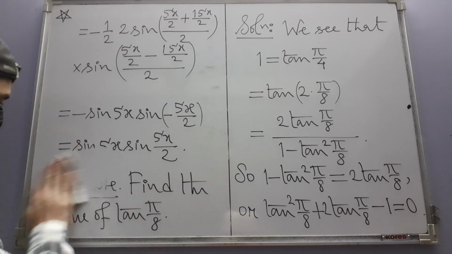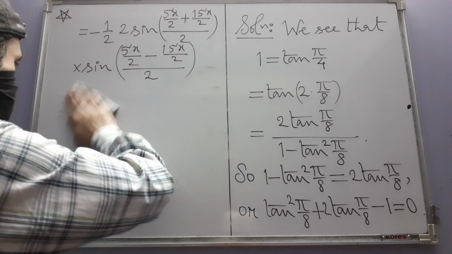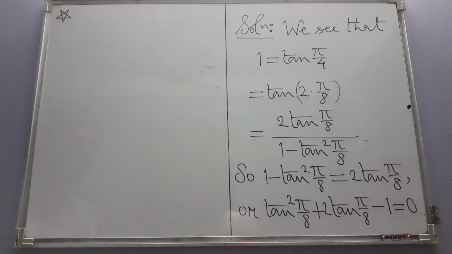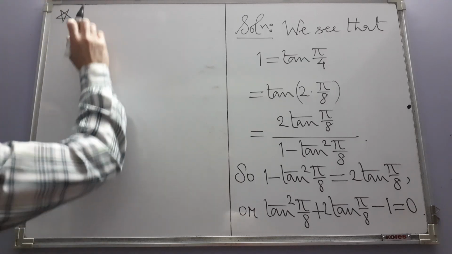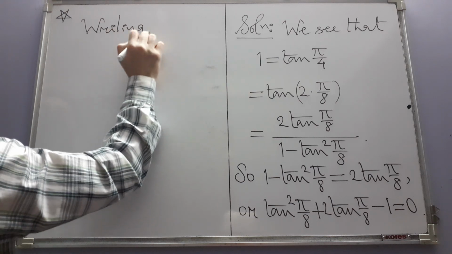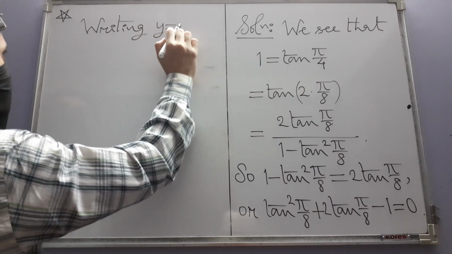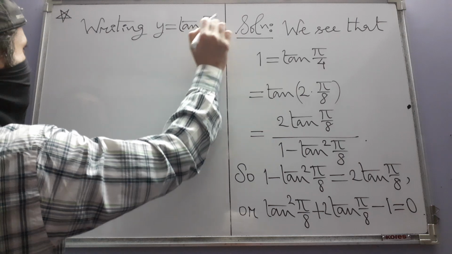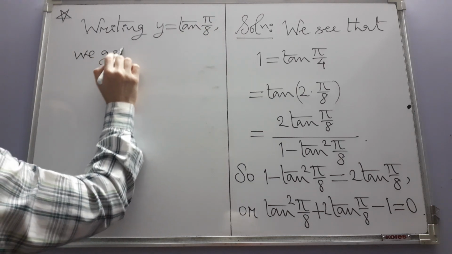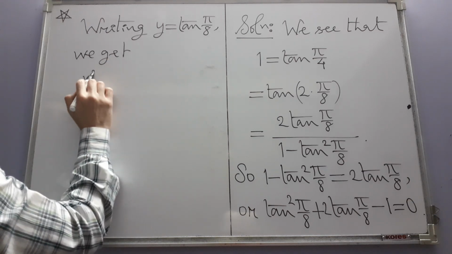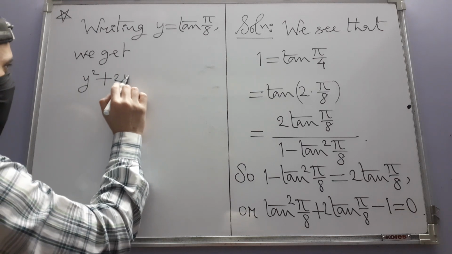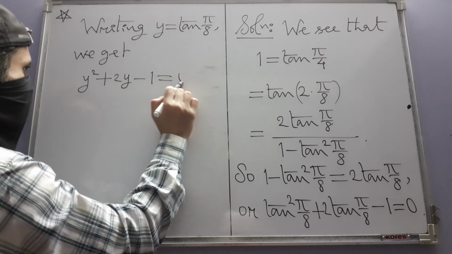Next equation. Writing y equal to tan pi over 8, we get this quadratic relation, y square plus 2y minus 1 is equal to 0.